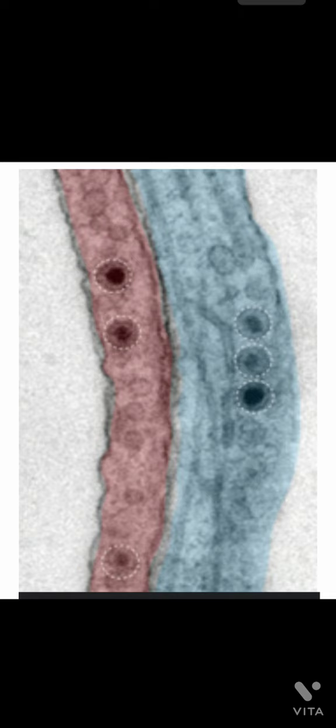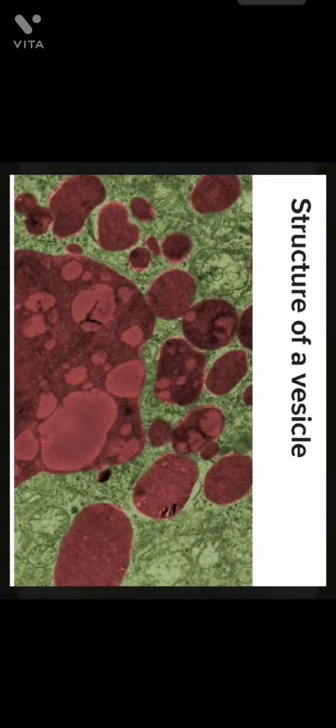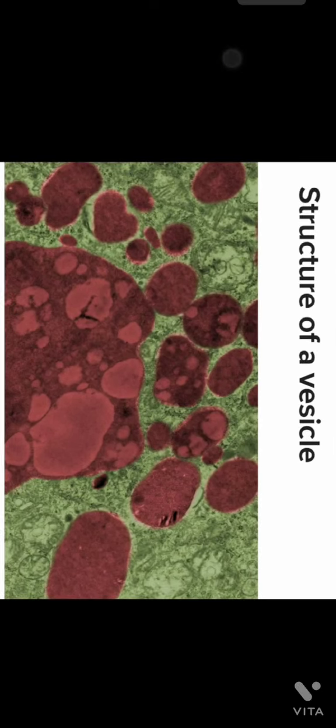For primary lysosomes, the Golgi complex is responsible for secretory vesicles, and one of the vesicles becomes a lysosome, and it is called a primary lysosome. The vesicles, as we know, carry synthesized protein. So one of the vesicles is smaller compared to the other, and that is called the lysosome. The enzymes are made up of proteins as we know before, and then go from the Golgi complex to the lysosome.